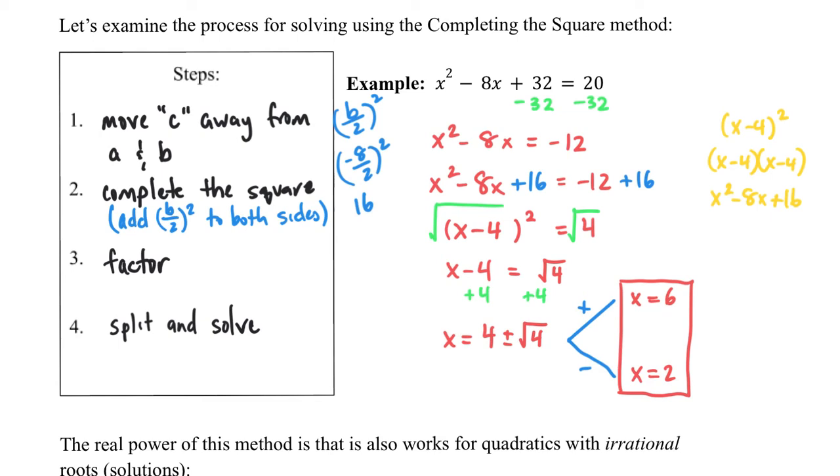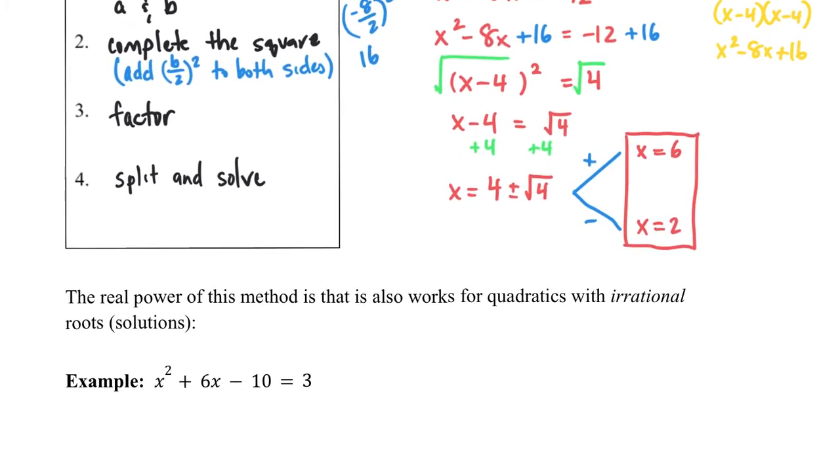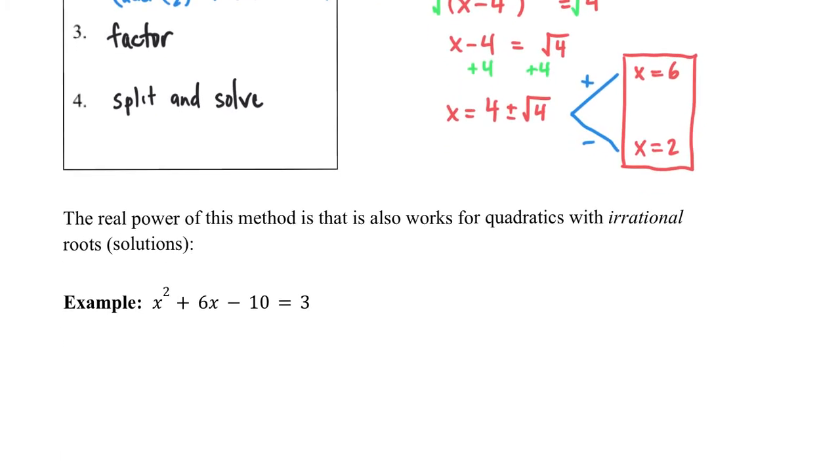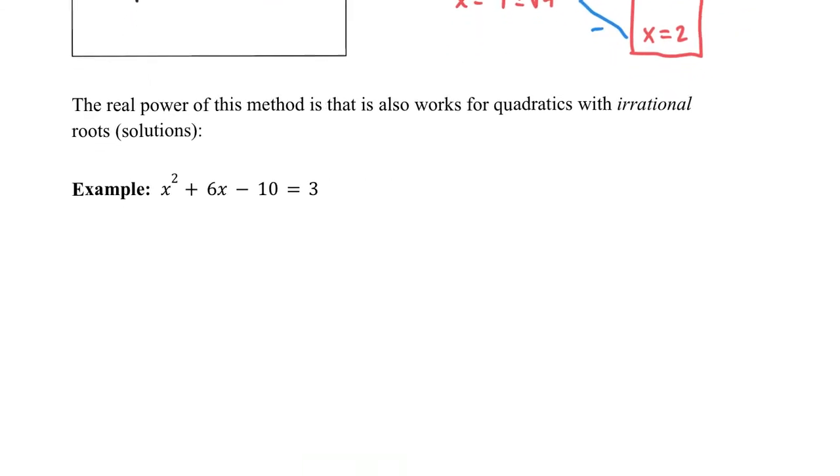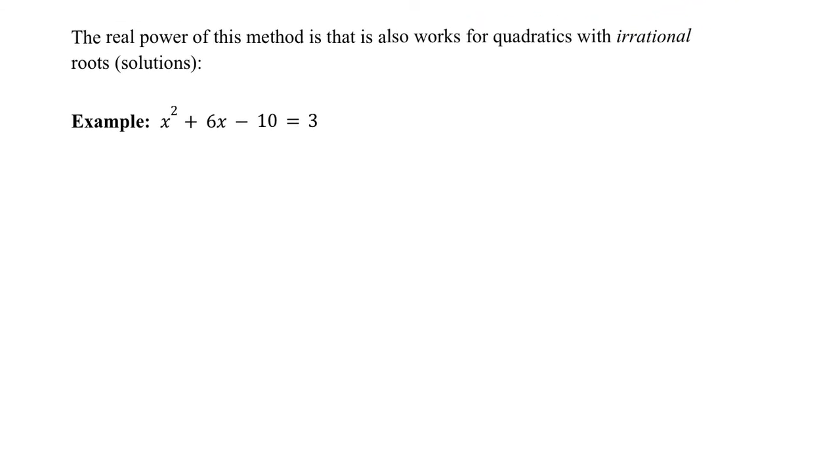So let's try this one more time, and this time we're going to explore another aspect of this. The real reason why we have this completing the square method, and also the method that you're going to learn in the next lesson, is because they allow us to deal with quadratics that have irrational solutions.